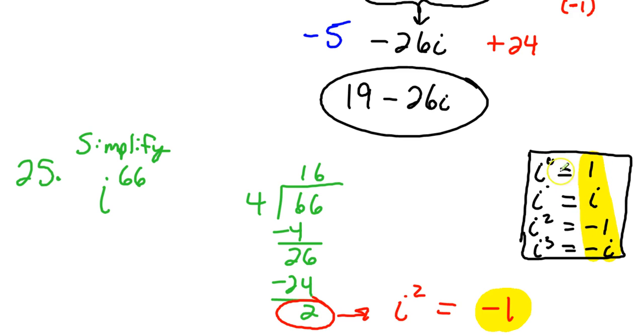And those answer choices are based on the power that you have here, which is the same thing as the exponent that you would have there. So the remainder is basically your power, and the power tells you what the answer is going to be. And that's your 4 choices you have.